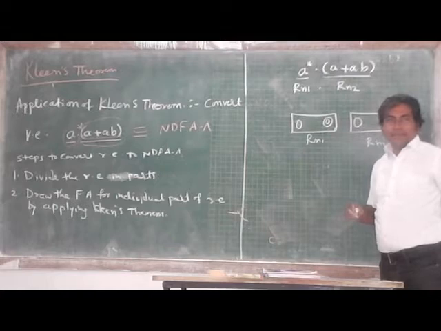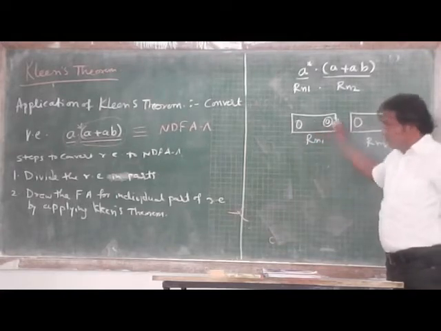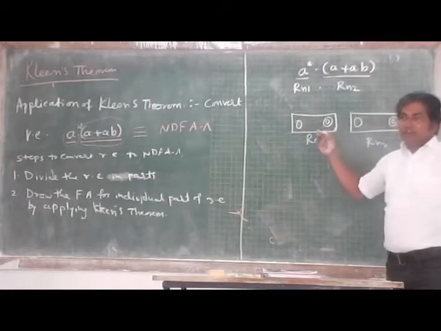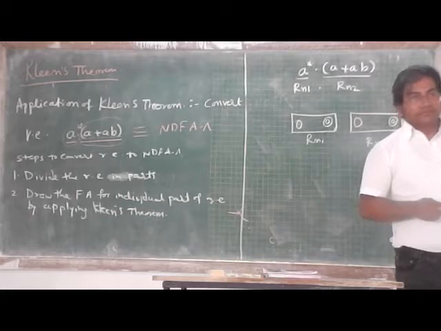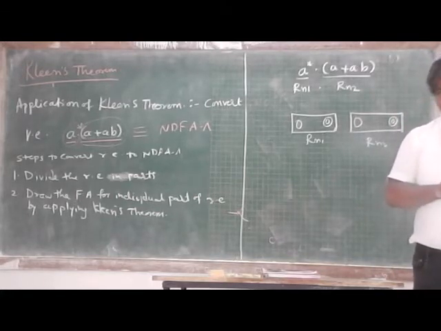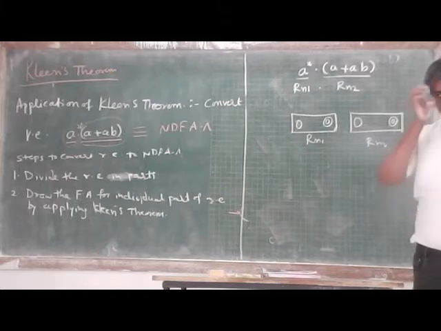How do I concat these two different finite automata? I want to concat them. How do I join them?